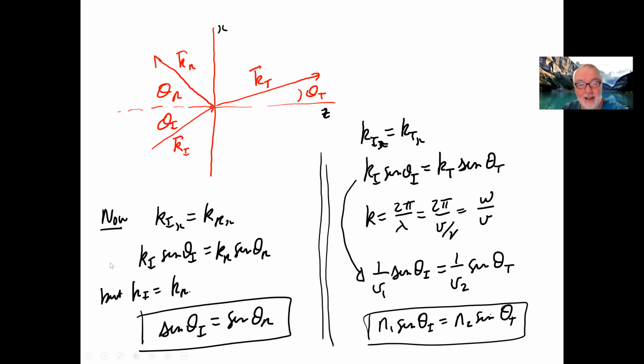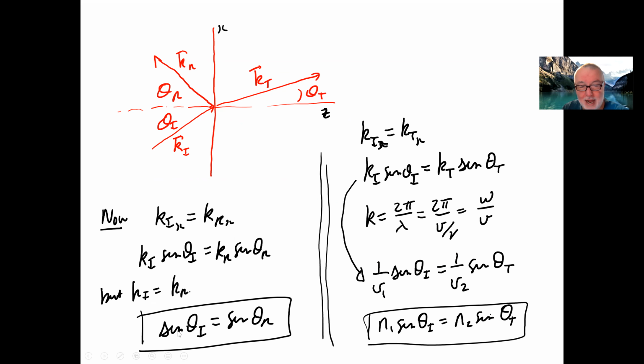Now, what I then get is kix has to equal krx, okay? But what that means is that ki sine theta i has to equal kr sine theta r. But ki equals kr because that's just the wave numbers, right?